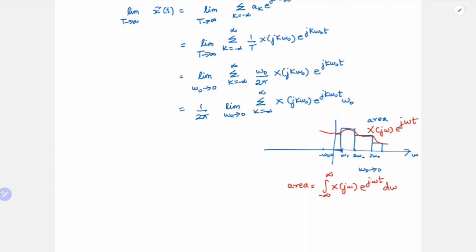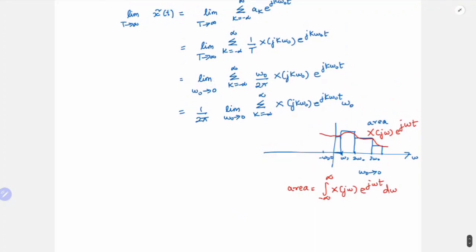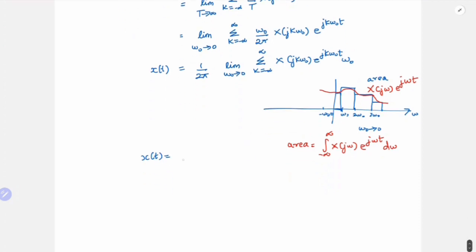This omega naught becomes infinitely small and it acts as the integrating variable. I'm really sorry. So now how will this equation look? What will be the left hand side? It will be x of t itself. So x of t is nothing but 1 by 2 pi integral from minus infinity to infinity of x of j omega e power j omega t d omega. So this is our second equation.